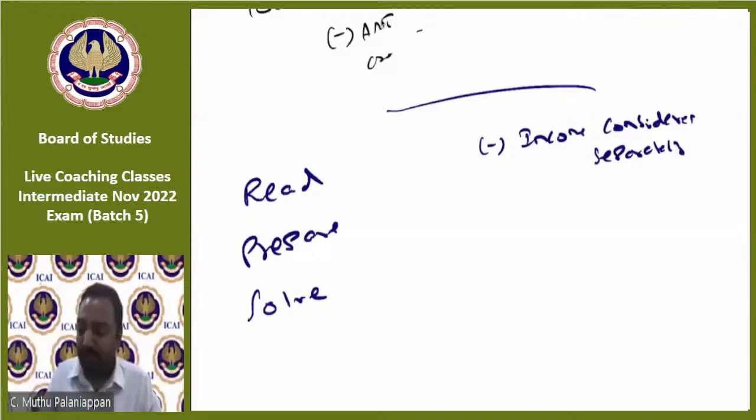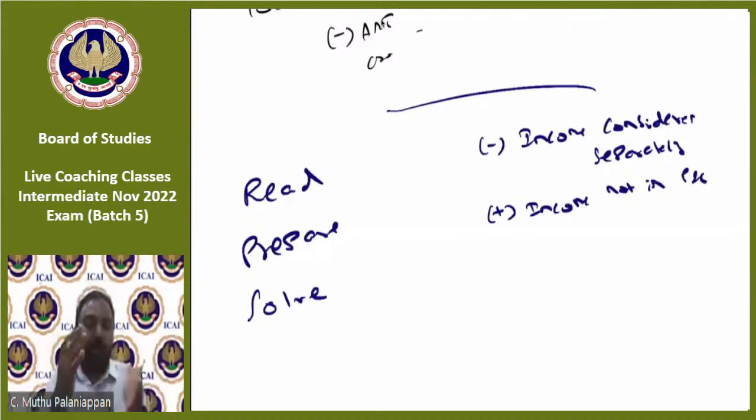So that is the first step, minus. Then income not in P&L, that is not in your profit and loss statement, but it is still an income. There is additional information in your question which says this is an income, but it is not part of your profit and loss account.